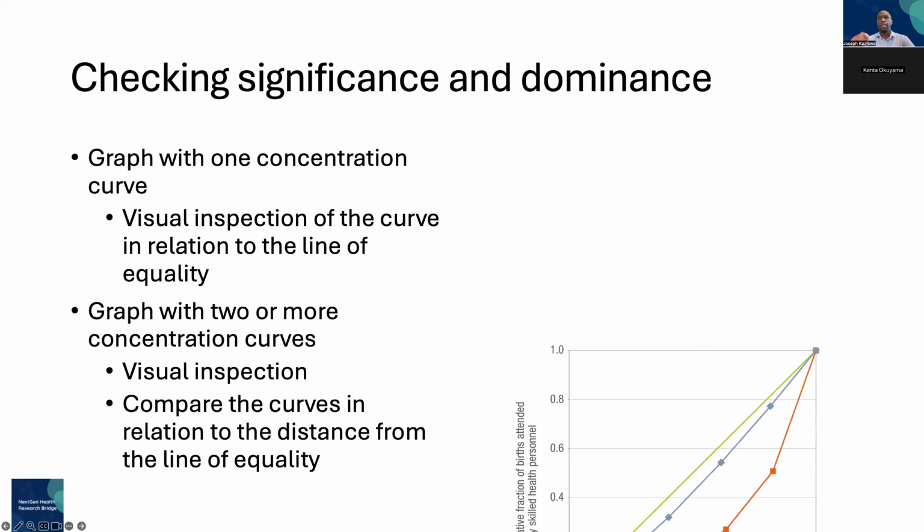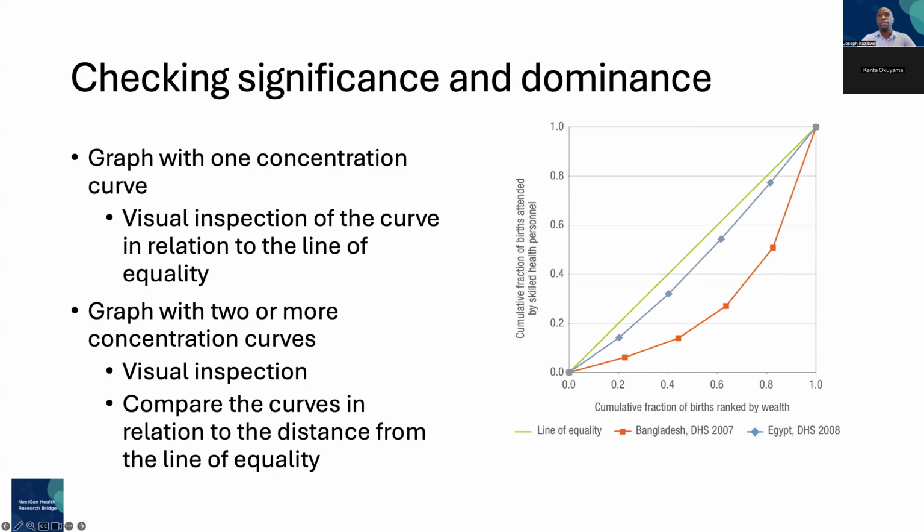So let's see an example here. This graph is taken from a WHO report 2013, which compared the inequalities in Bangladesh and Egypt, looking at the cumulative number of births, the fraction of births attended by skilled health workers within the two countries.